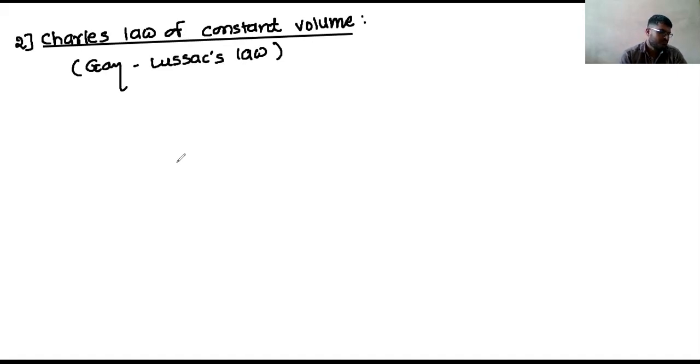Gay-Lussac's law. Right? So you see here what it is saying, Charles law of constant volume. It means in this, volume is constant. What is left? Pressure and temperature.